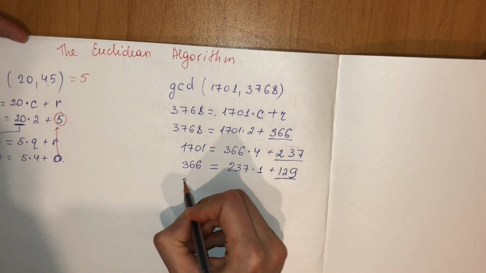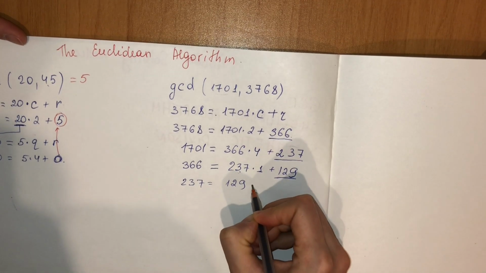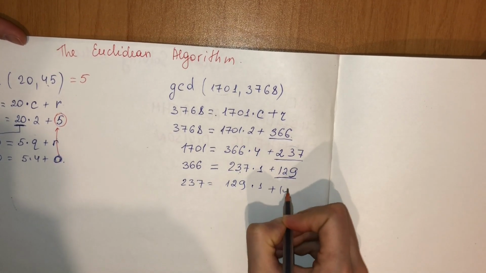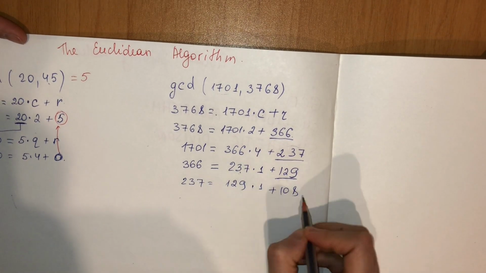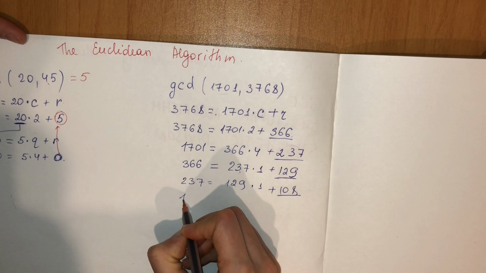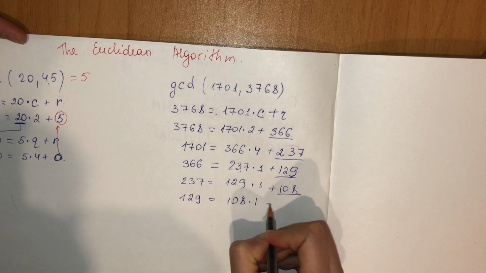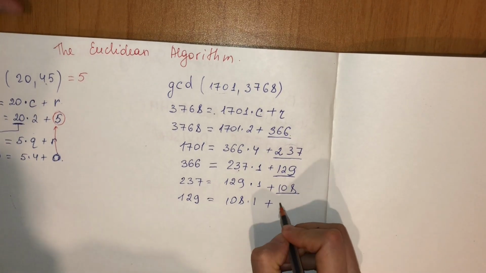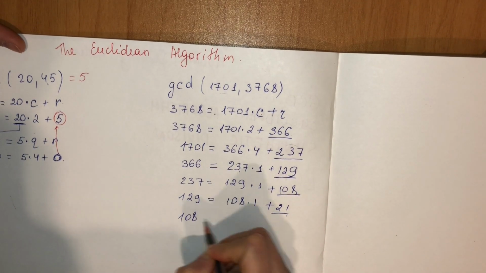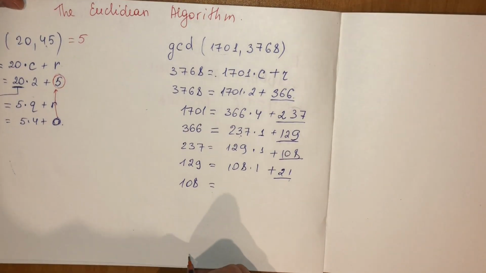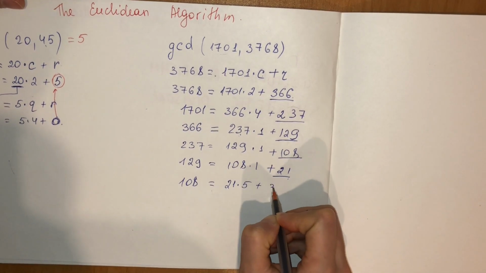We will continue this process. 237 is equal to 129 times 1 plus 108, and we will continue. 129 is equal to 108 times 1 plus 21, so the remainder is 21 here, and again 108 is equal to 21 times 5 plus 3.